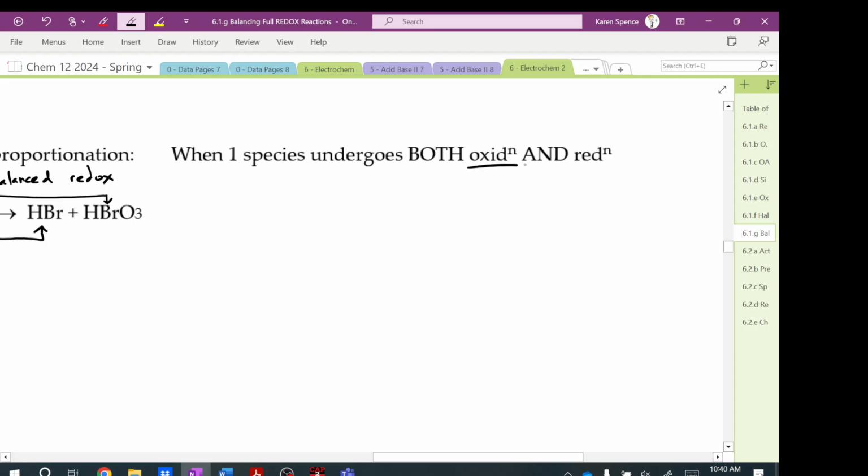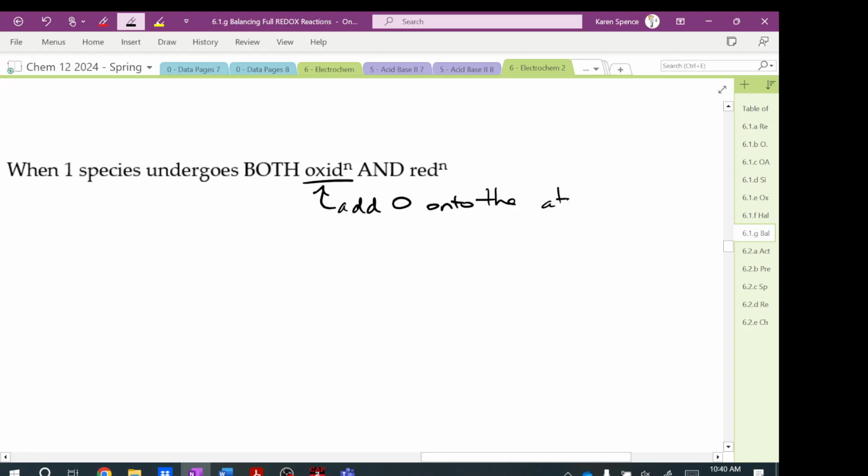Sometimes, not all the time, but sometimes, if you add oxygens onto the atom, that is oxidation. Reduction, and this you might be familiar with from the Krebs cycle if you took Bio 12.